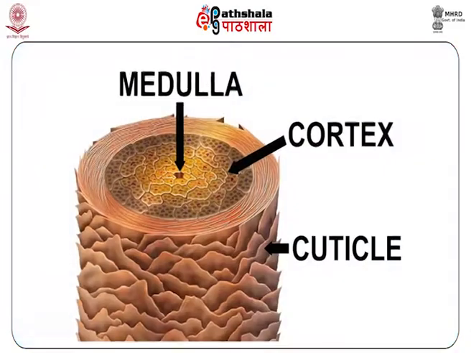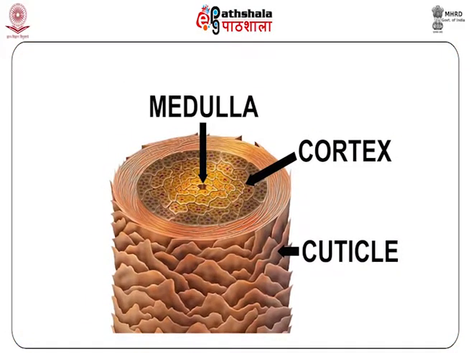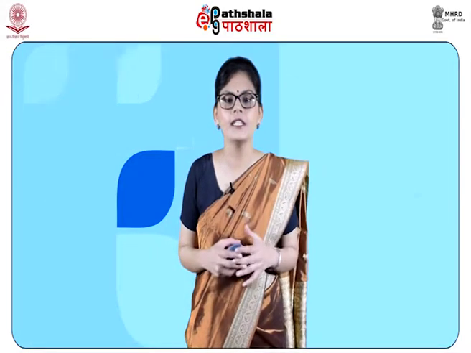It has three parts: the central medulla, the middle part surrounding the medulla is the cortex and the outer part is the cuticle. The nature of the medulla and its diameter with reference to the total diameter of hair are highly characteristic and often indicate the species of the source of hairs.